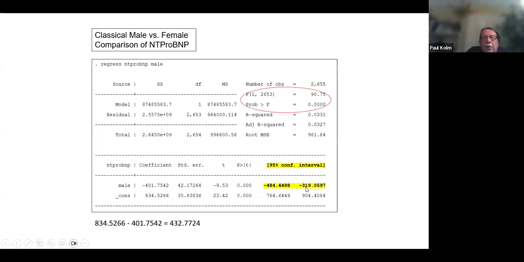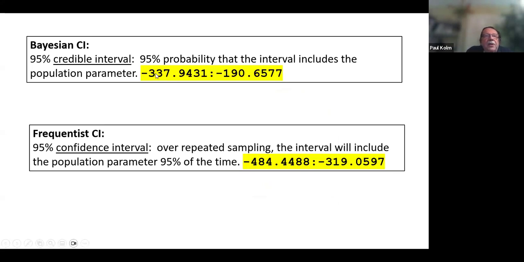And what we need to remember is that the interval has different meanings depending on your perspective. From the Bayesian perspective, we have a credible interval, and what that means is that there's a 95% probability that the interval includes the population parameter.